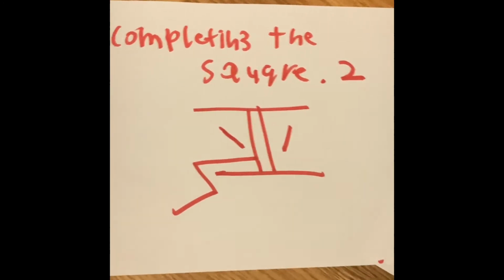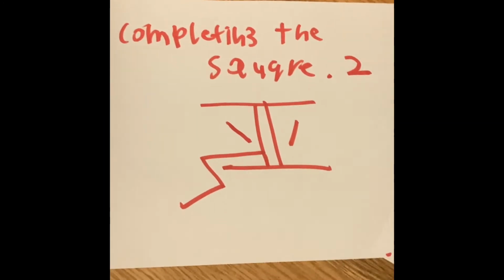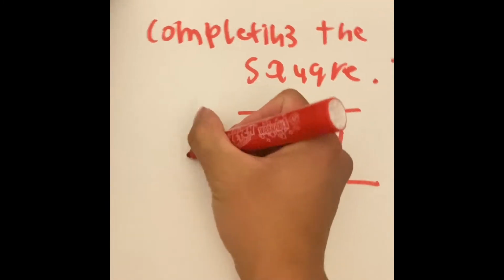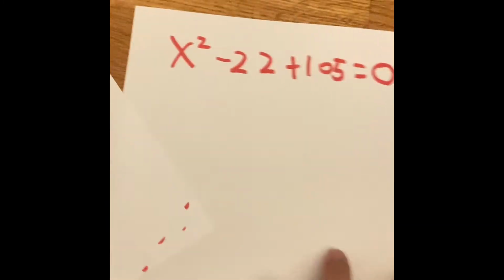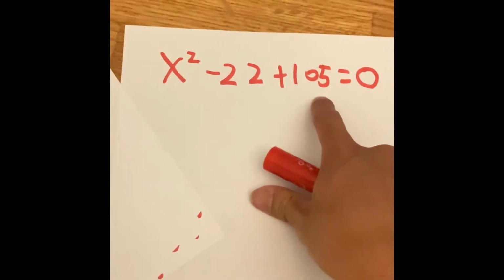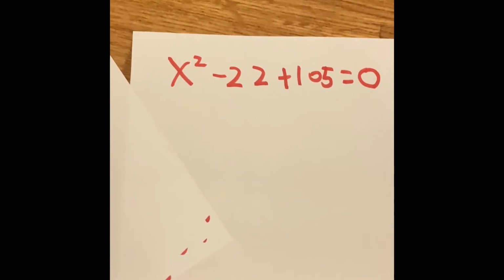In the last video, we tried to complete the square by understanding what the C value was. But what happens if we already have that C value? How do we try and complete the square?